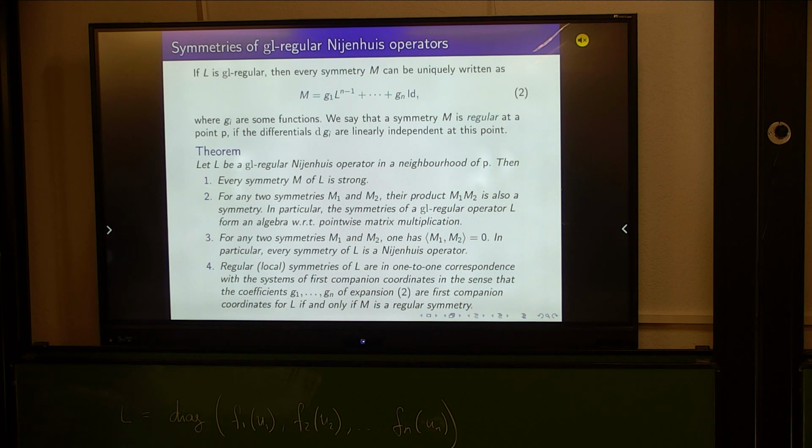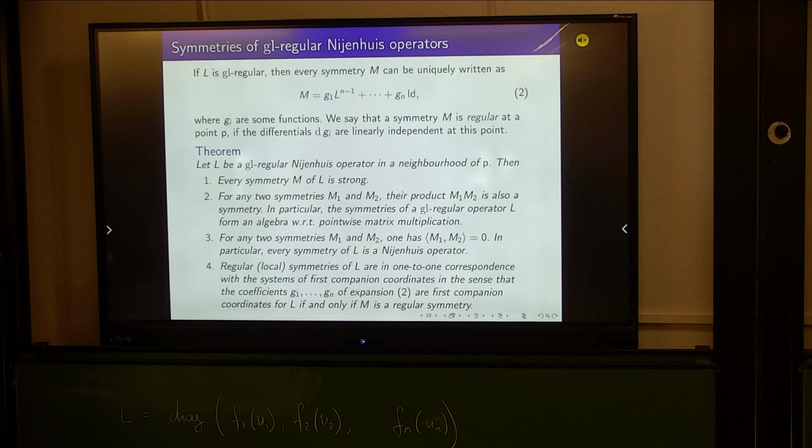Symmetries are one story; strong symmetries, nobody seemed to discuss them at all. Next property: if you consider two symmetries, then the product of two symmetries is again a symmetry. In particular, all symmetries form an algebra with respect to the usual matrix multiplication.